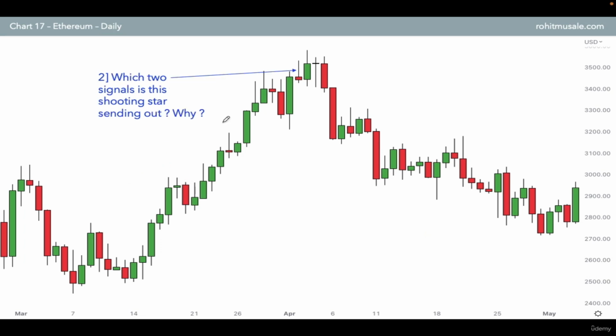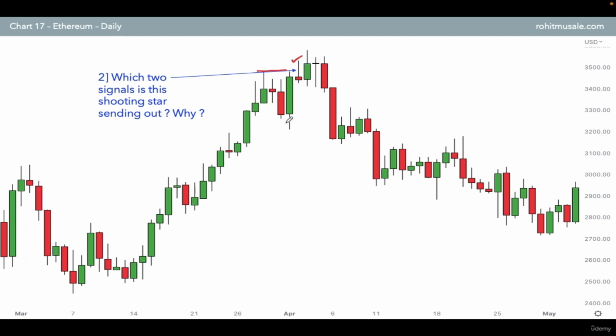Number 2, which two signals is this shooting star sending out and why? So the first signal is the sell signal, right? Because it's confirming this high. And if it is confirming some prior resistance, then it's a sell signal.